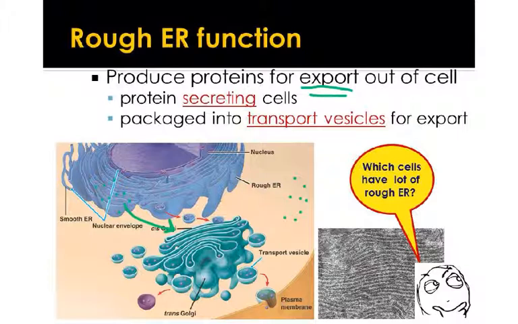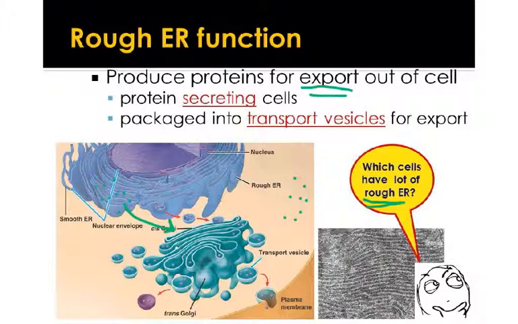So the question is right here, which kind of cells are going to have lots of rough ER? Well, if rough ER modifies proteins that will be sent out of the cell, cells that need to secrete or release lots of proteins are going to have lots of rough ER. For example, your cells that make insulin in your pancreas need to make lots of protein. Insulin is made of protein.